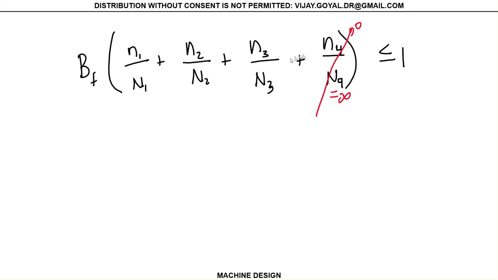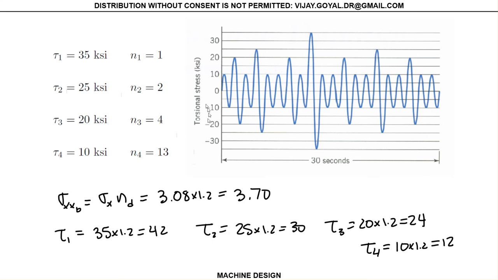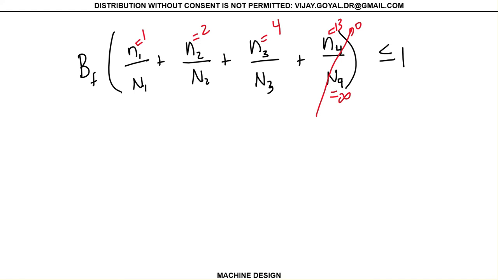So this goes away. And these are the only ones that are remaining. Okay, and this was equal to 1, this was equal to 2, this was equal to 4, this was equal to 13, but this is 0. And where does that come from? This comes from your evaluation of how many amplitudes do you have for that loading cycle.